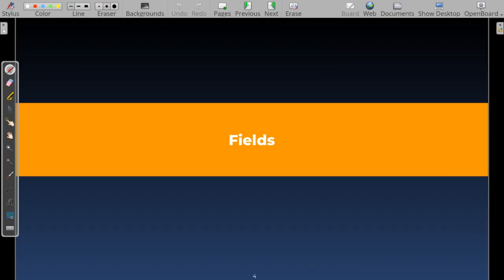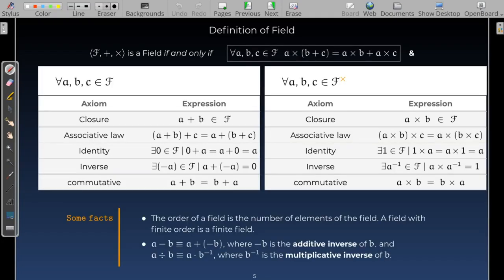Now let's move on to the field. A field is basically a triplet. What I mean by triplet is that there is a set F, with operations addition and multiplication, and this triplet is going to be a field if and only if multiplication is distributive over addition.